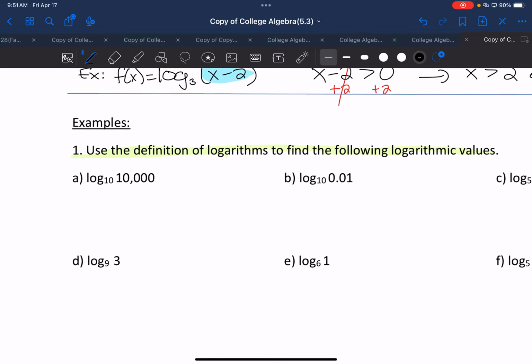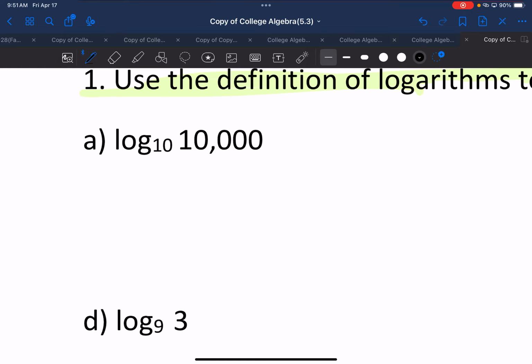For a, this is log base 10 of 10,000. So again, this is asking me what exponent do I need to raise that base of 10 to, for it to equal 10,000?